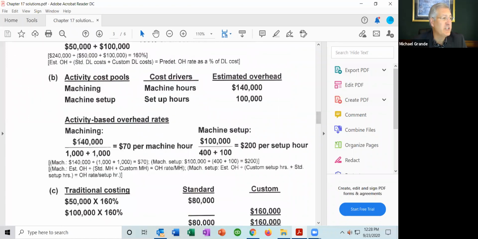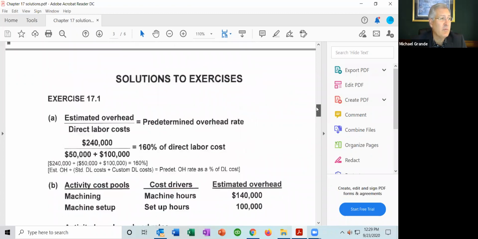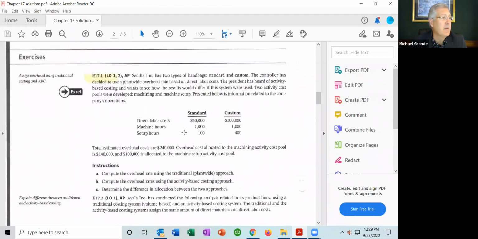So we have machining. We got $140,000 as our numerator. But what's our denominator? Our denominator should be machine hours. So let's go back up and look where that number comes from. They have 1,000 machine hours allocated to standard and 1,000 allocated to custom.